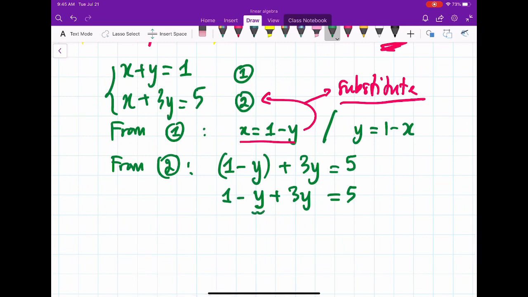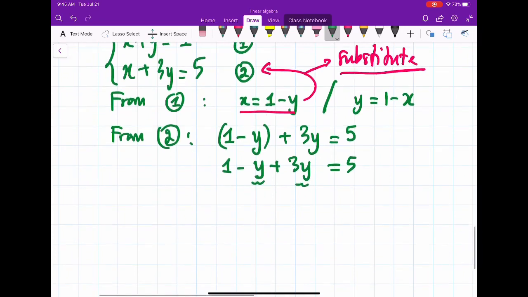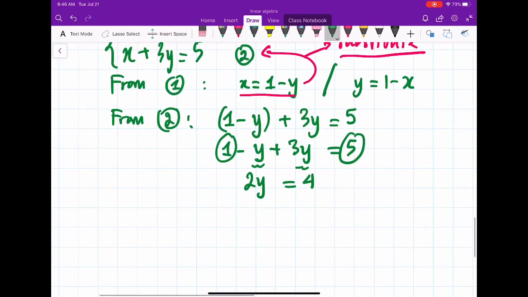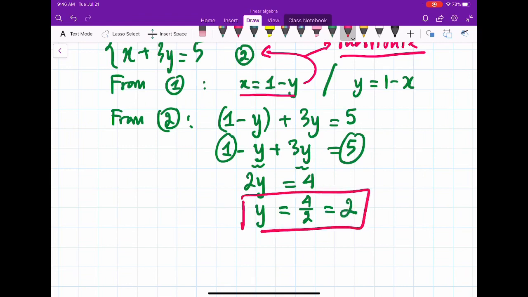I will simplify y with 3y in here. I have 2y, and here I have 1 with the 5. So I simplify by 1. I got 4. And then from here, I got y equal to 4 over 2, which is 2. All right, we have y equal to 2.